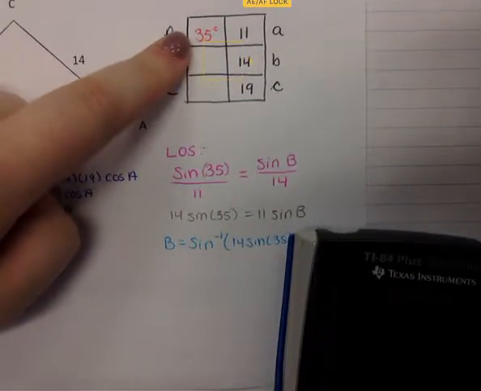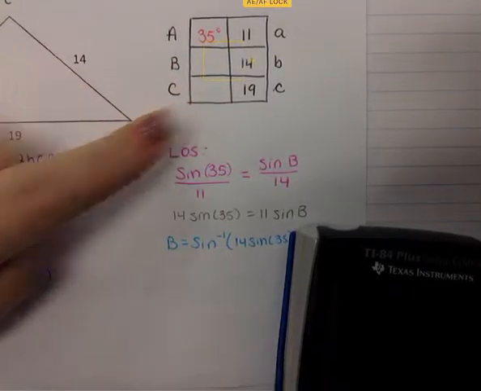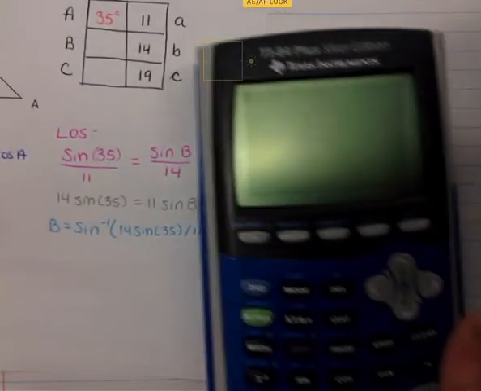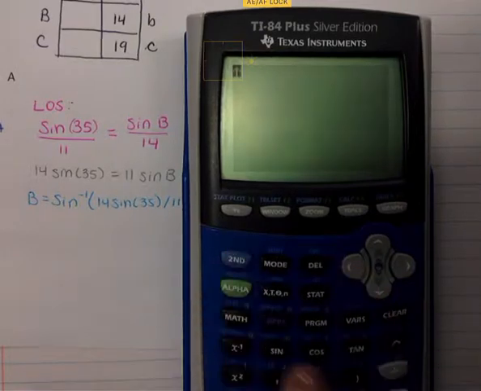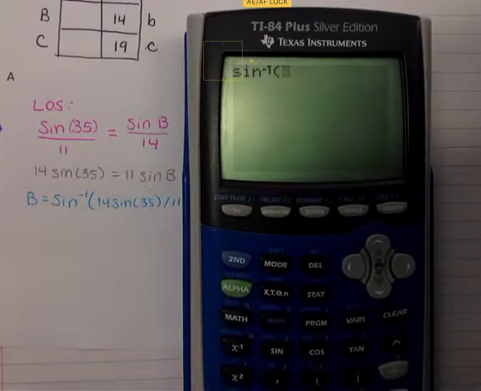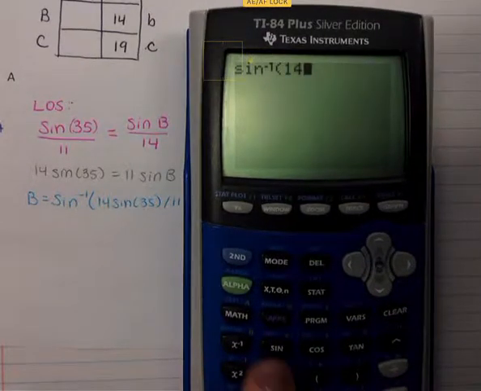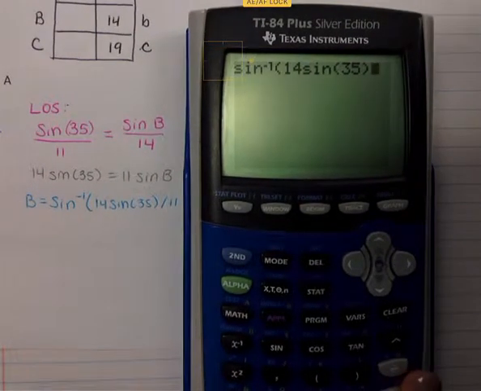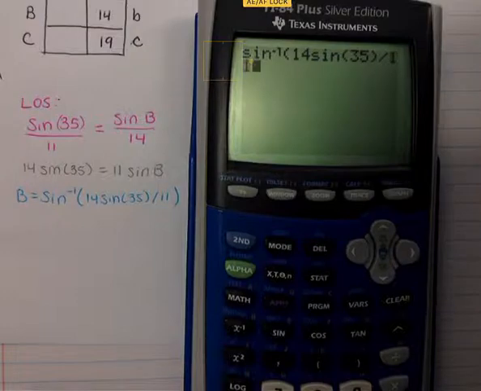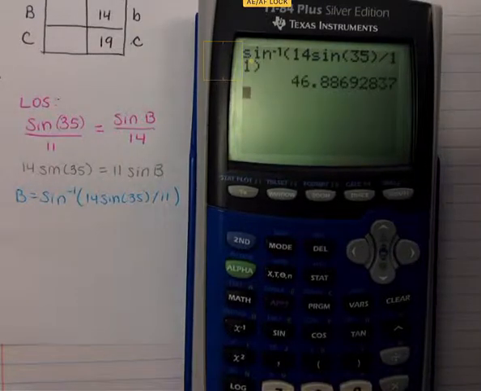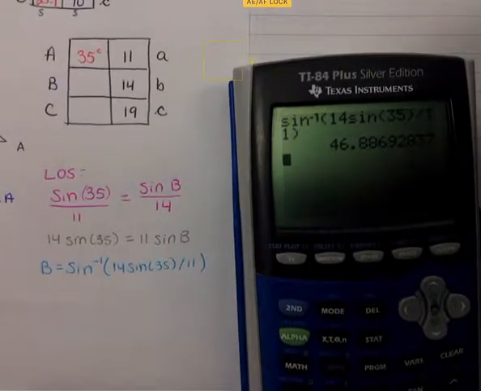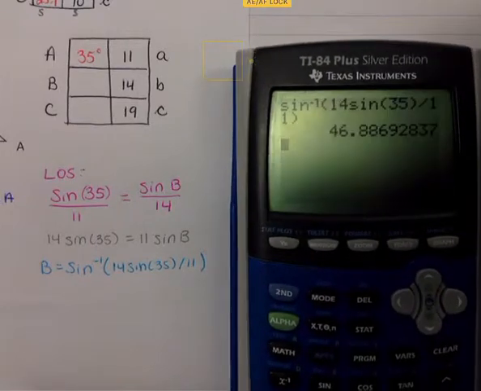Hopefully it'll be bigger than 35, but not an obtuse angle. So we'll have second sine, which is sine inverse, of 14 sine of 35, close parentheses, divide by 11, and then close parentheses again. This is bigger than 35 degrees, and it is still an acute angle.